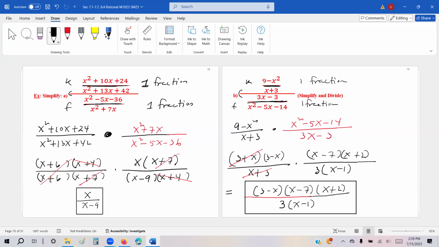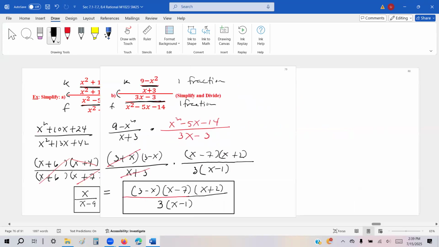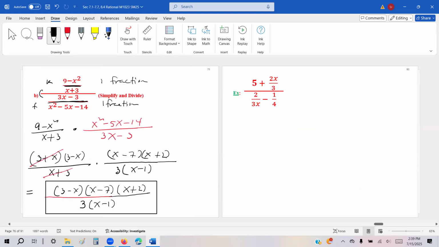You break down the complex into a normal one, and then we do the exact same thing we did before. So even though this is a complex fraction, it's actually just a normal fraction. The final exam has this type of question, and definitely there will be one.